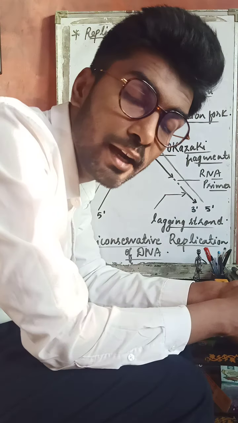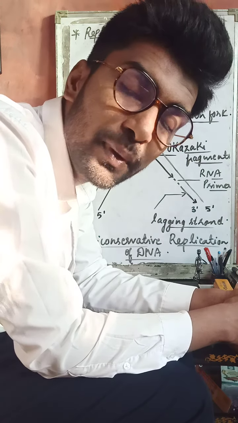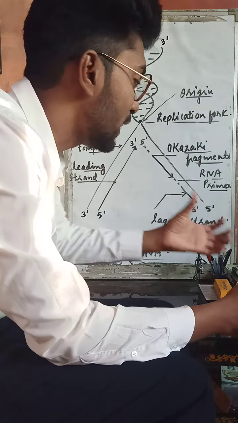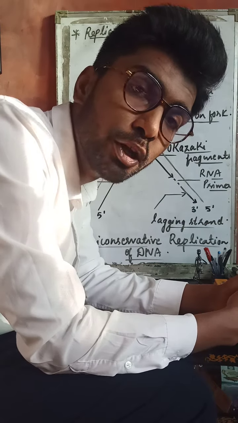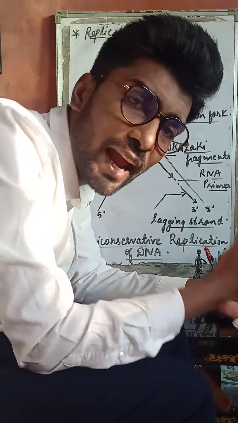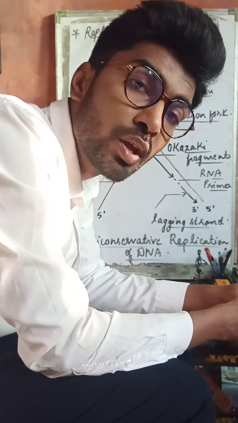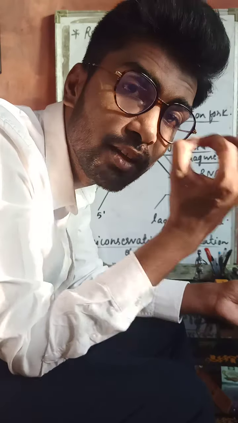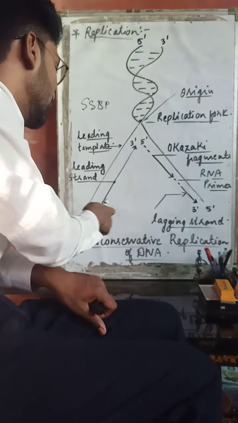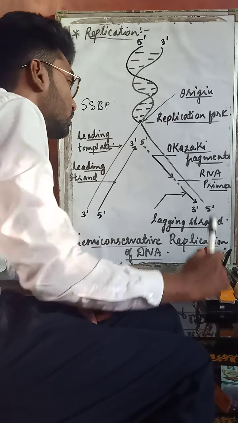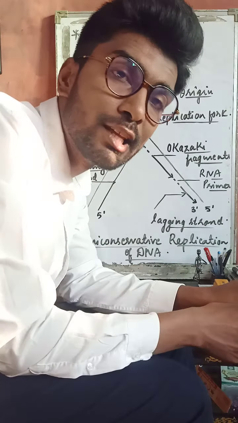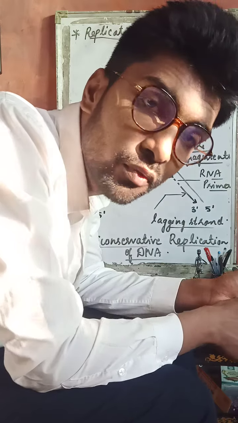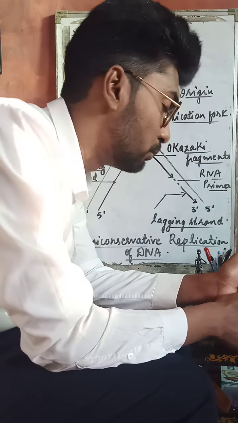Now what happens is that new nucleotides are selected from the nucleoplasm, and a small enzyme, the RNA primer, is usually added at the 3' end of the template strand, that is the old strand. There we are going to add a small enzyme. The name of the enzyme is RNA primer.